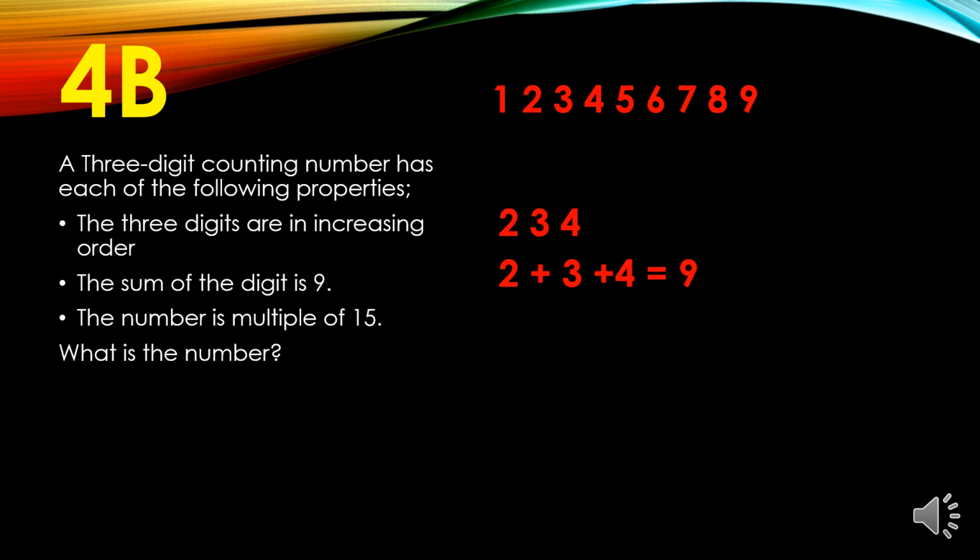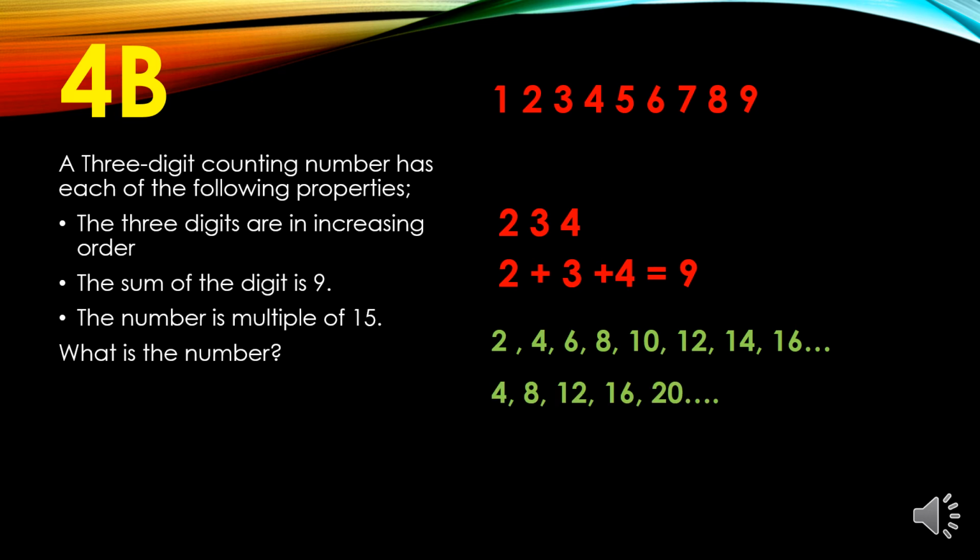Now, the number is a multiple of 15. We need to find the number that would be a multiple of 15. Let's start with 2: 2, 4, 6, 8, 10, 12, 14, 16. For 4, we have 4, 8, 12, 16, 20. Now for 3, we have 3, 6, 9, 12, 15. So there you go. On the third property, it says the number is a multiple of 15.